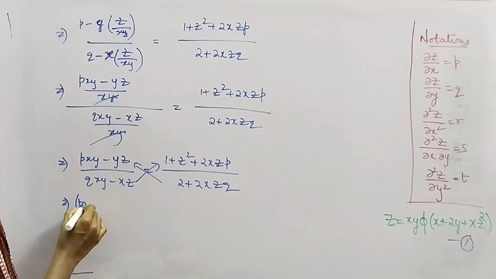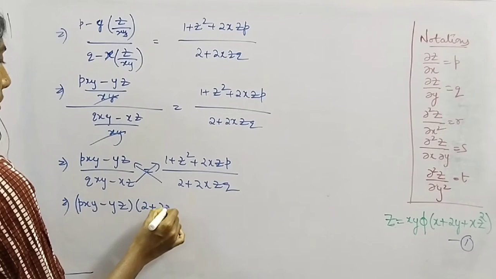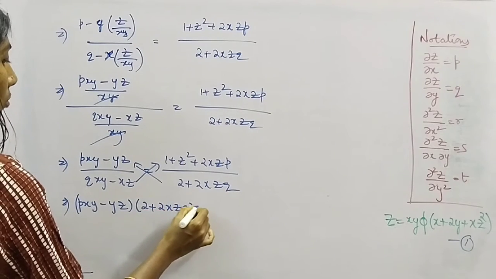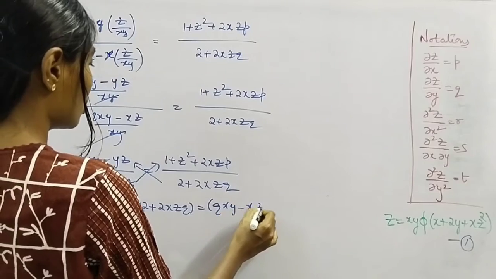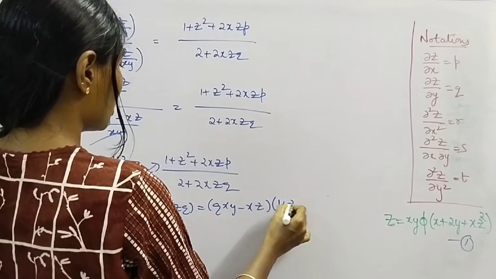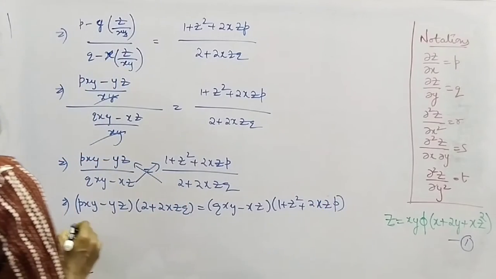We'll get (pxy minus yz) into (2 plus 2xz cube) equal to (qxy minus xz) into (1 plus z square plus 2xzp). Right?